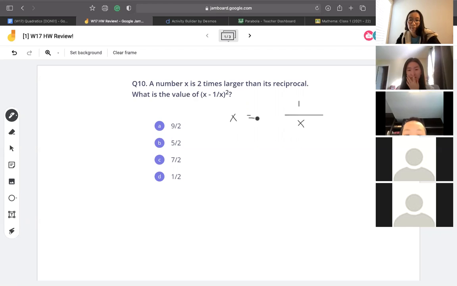So x just equals 2 times 1 over x. So realistically, 2 times 1 over 2 times 1. And then if x equals 2.